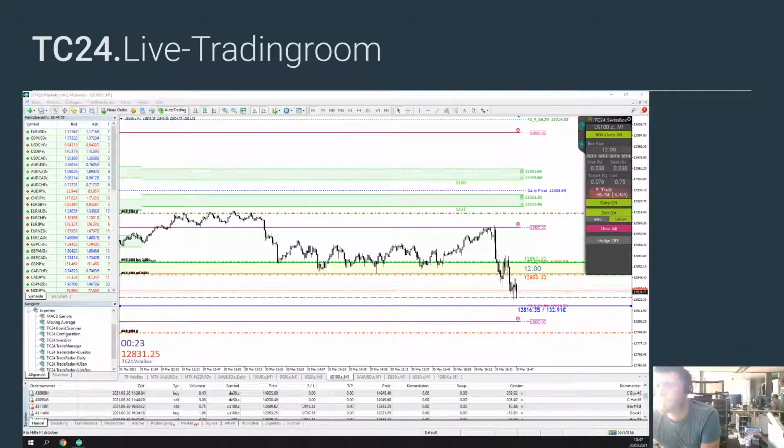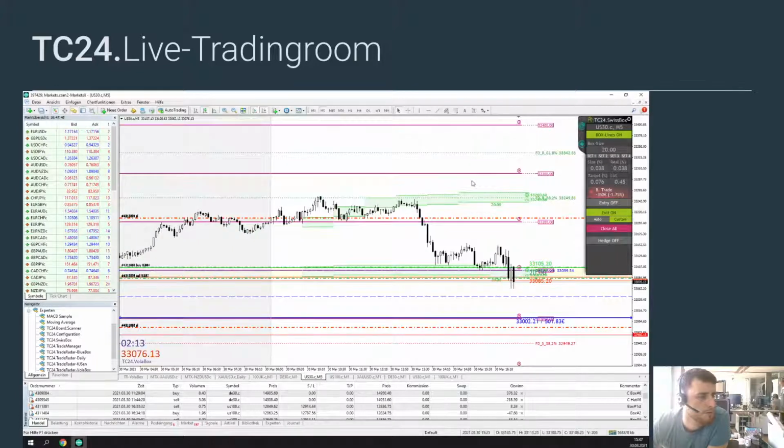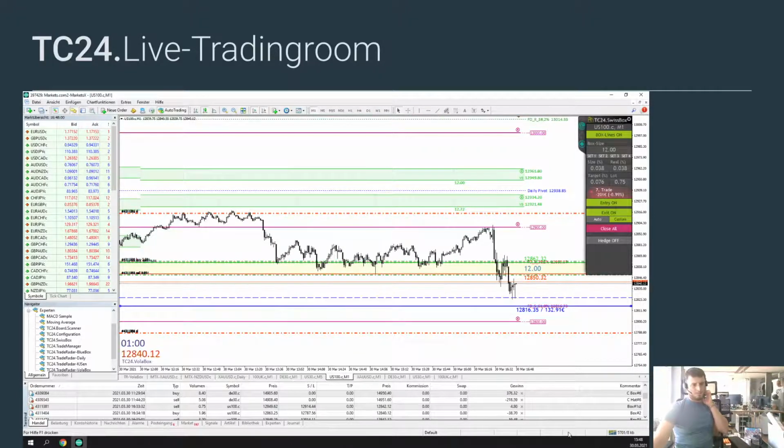Oh, wow. Quite a strong retracement there from the Nasdaq.